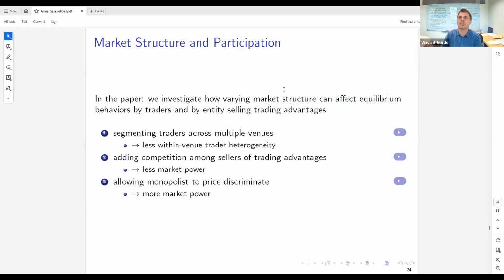You can boost the social surplus if you start a venue, an exchange just for Xingtan and I, who are not going to participate. Now, what's interesting there is that if you start an exchange for Xingtan and I, it's possible that Xingtan will now not only find it optimal to participate, but will also find it optimal to acquire a speed advantage over me. So you have all of this occurring at the same time.